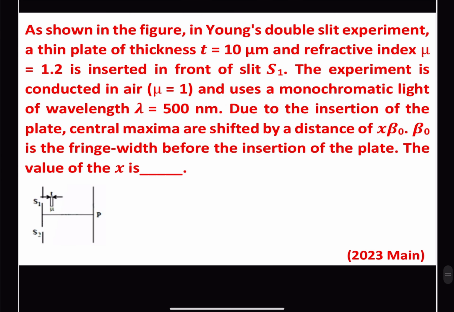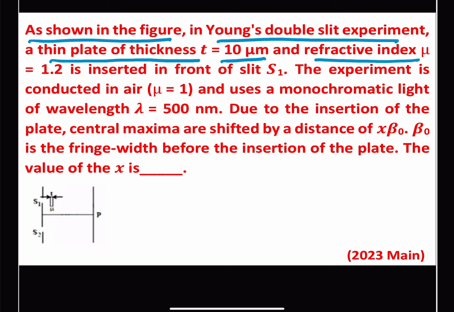Next question, and it states that as shown in figure, in Young's double slit experiment, a thin plate of thickness t is equal to 10 micrometer, refractive index mu is equal to 1.2 is inserted in front of slit S1. The experiment is conducted in air where mu is 1.